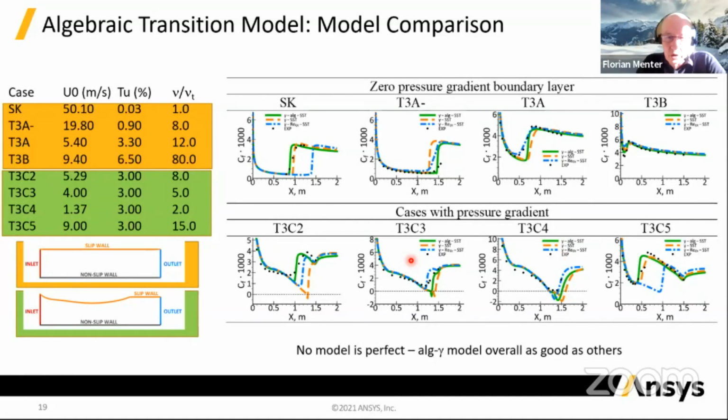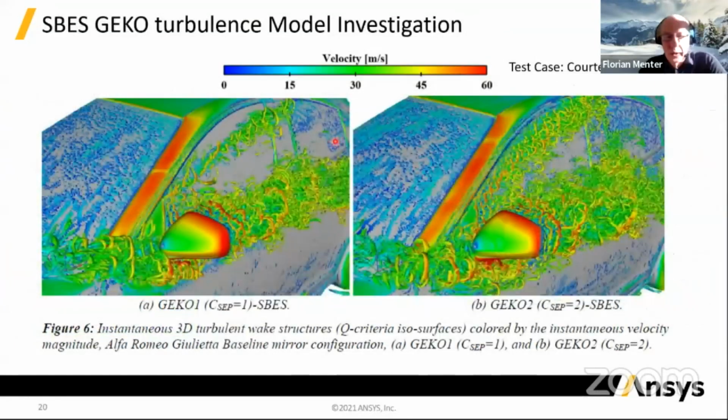For example, impinging jet flows typically are much better predicted if you use a transition model, because the stagnation area where the boundary layer starts off from the impingement point is typically laminar, and then there's a transition further downstream, and it's good to include the transitional model.